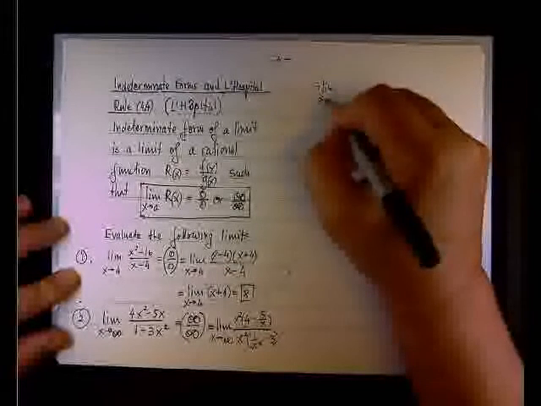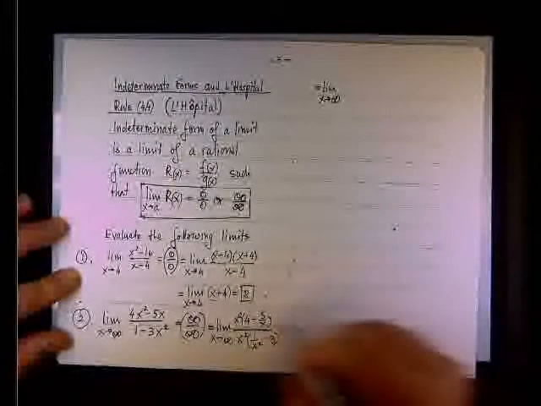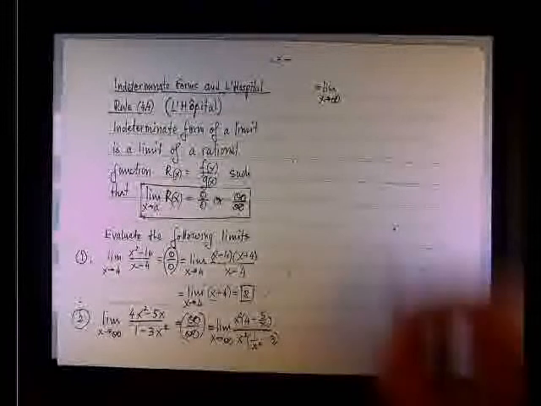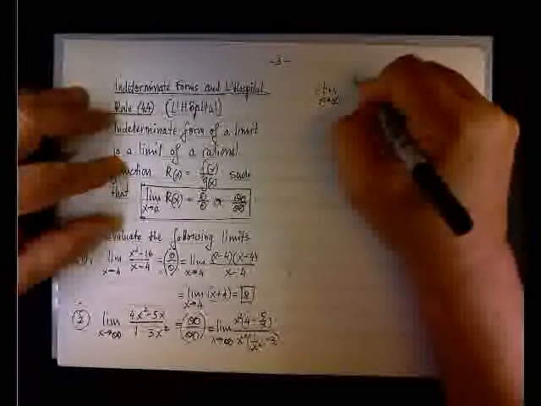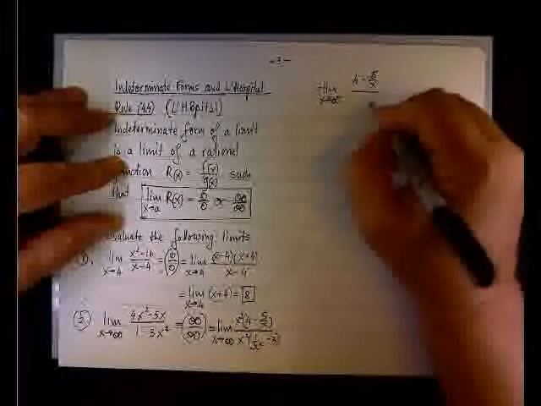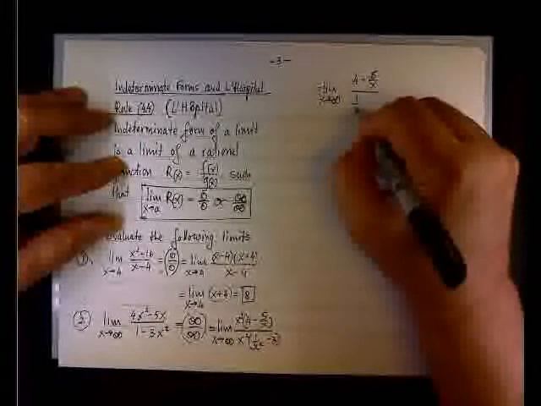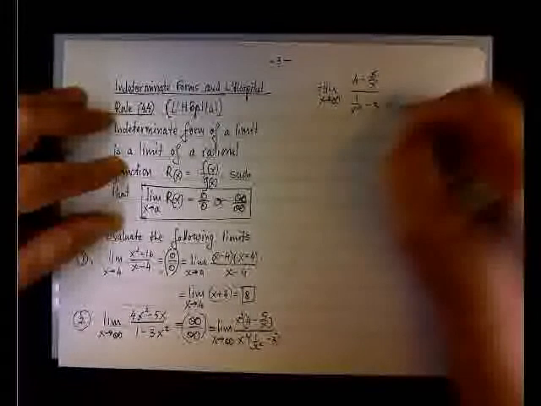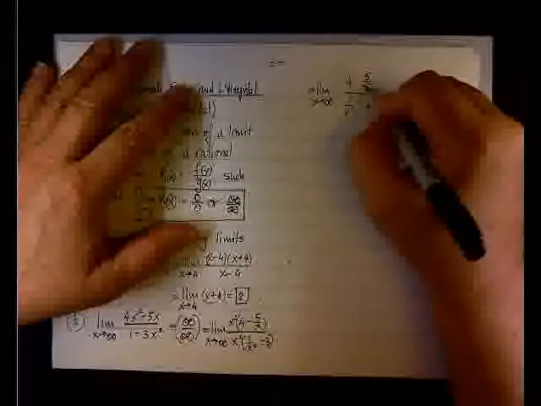And after simplification, you have the limit as x goes to infinity. Of course, x squared and x squared are being reduced, and now you have 4 minus 5 over x in the numerator divided by 1 over x squared minus 3 in the denominator.